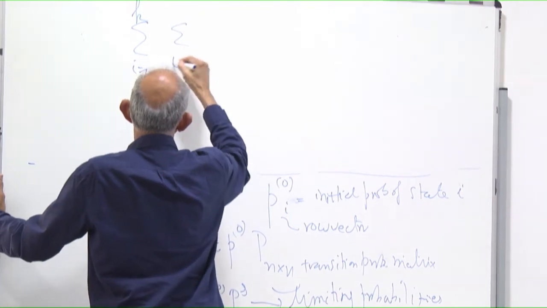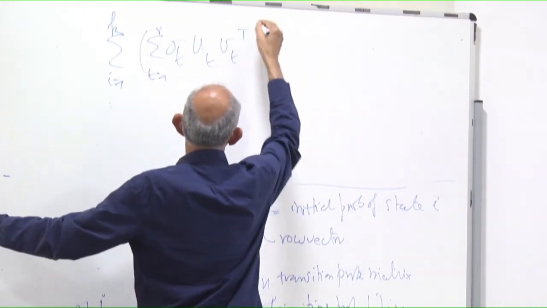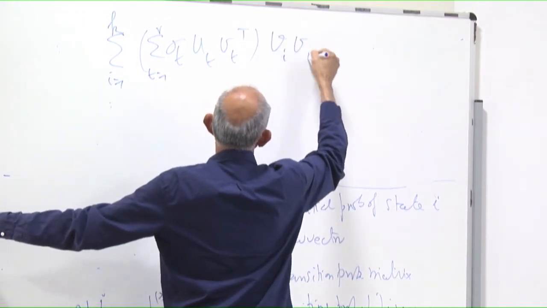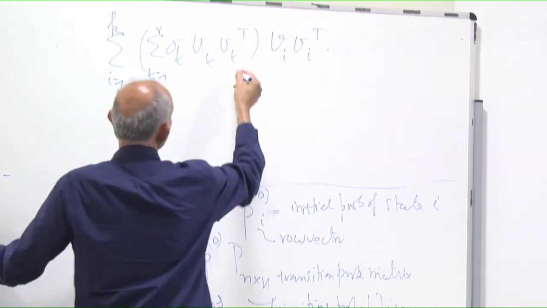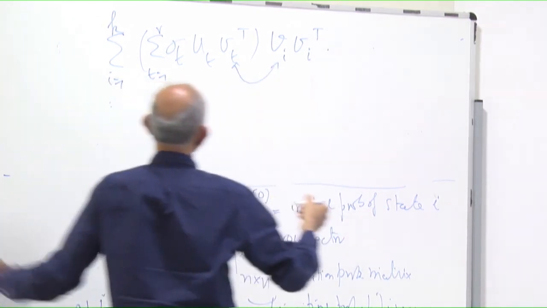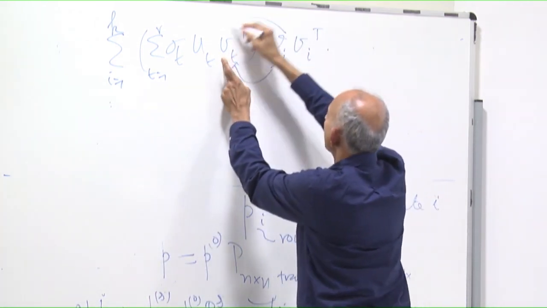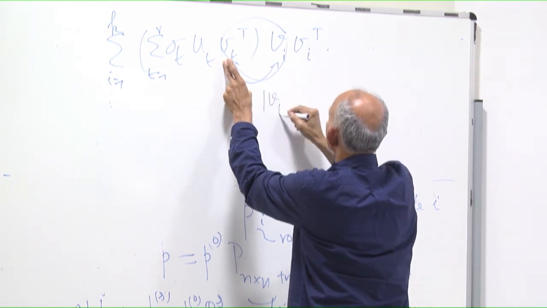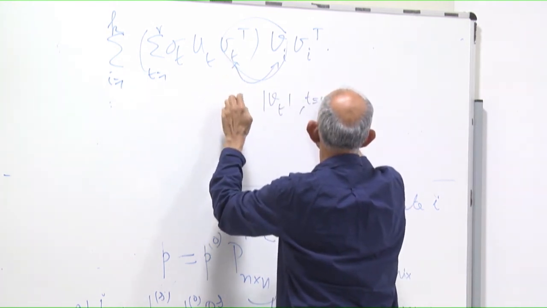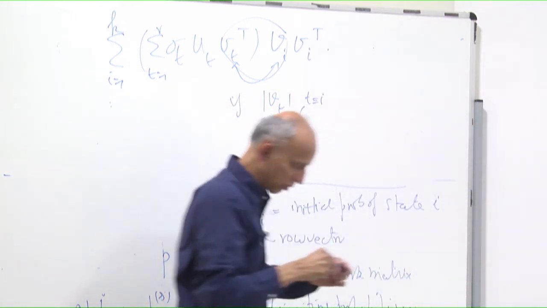A is the sum over t equals 1 to r of sigma t ut vt transpose. That's A. And then I have another vi transpose. Again, this is a dot product. It's 0 unless t equals i. If t equals i, it's 1 because vt has length 1. And then you get the next step, and that's Ak.